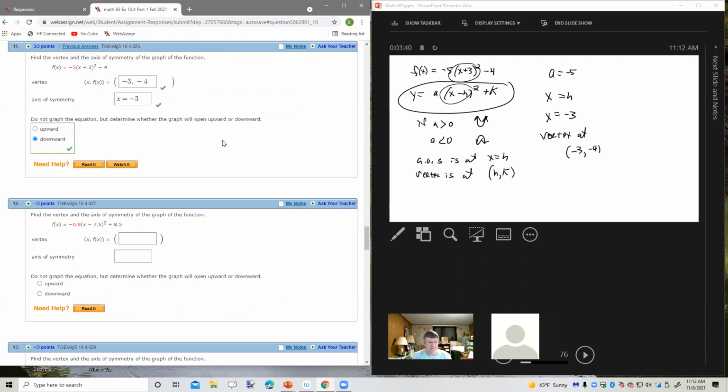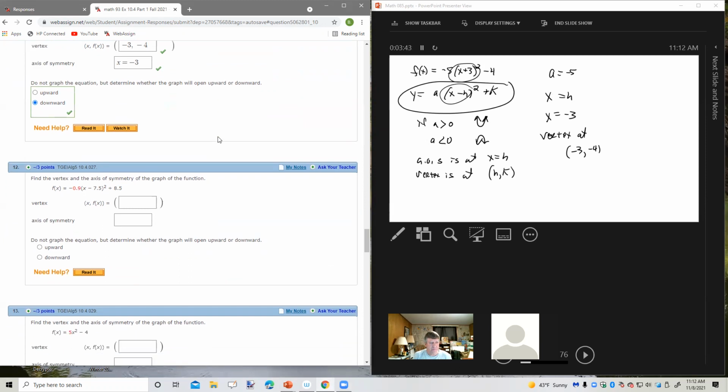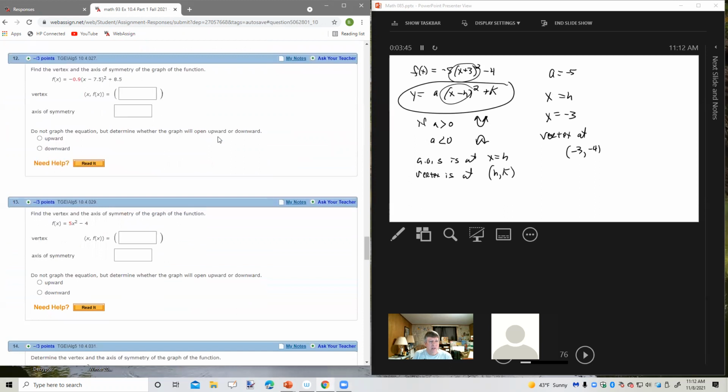Let's do another one. Find the vertex and the axis of symmetry of the graph of the function. So the vertex is going to be at (h, k). h would be positive 7.5, and k is 8.5.